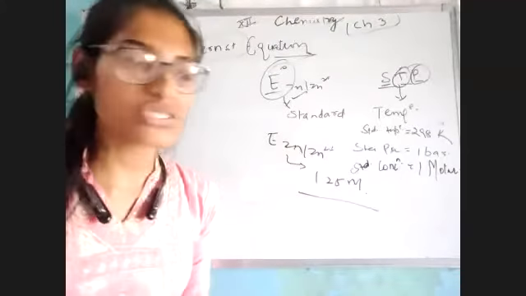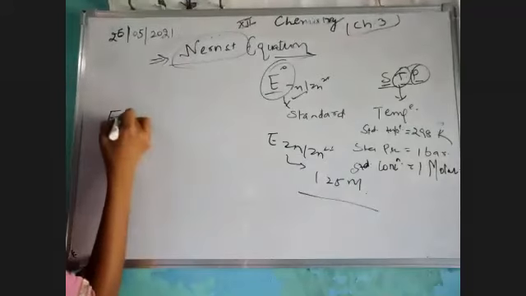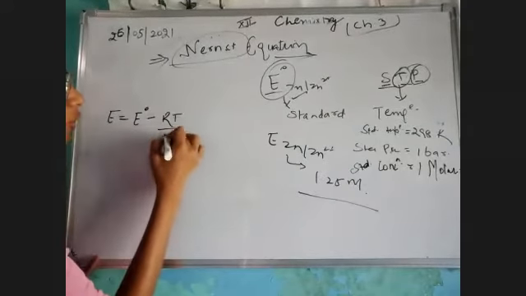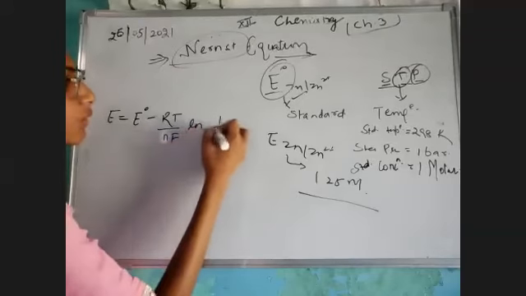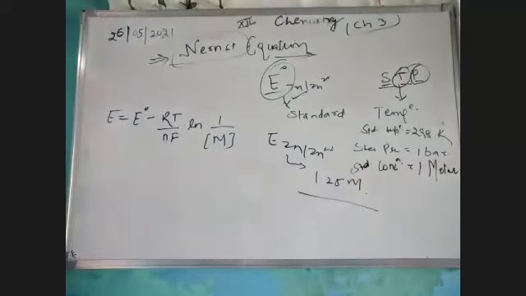Let me write the equation and we would proceed from this reaction in tomorrow's class. So the Nernst equation: E equals E naught minus RT over nF ln 1 over Mn+. And let me denote what everything represents over here.